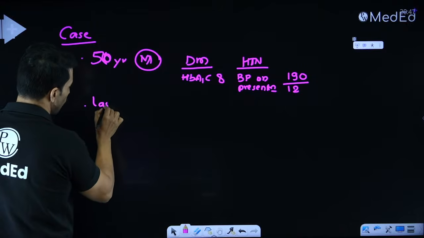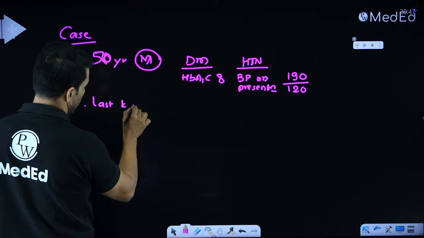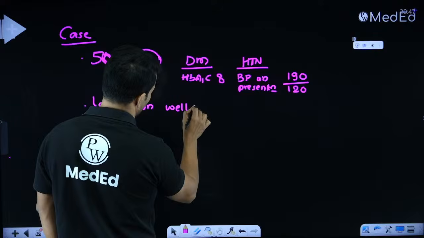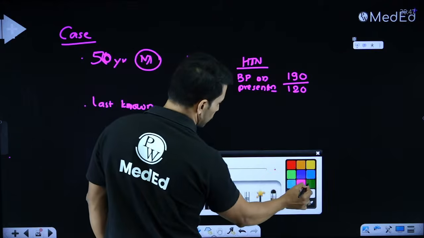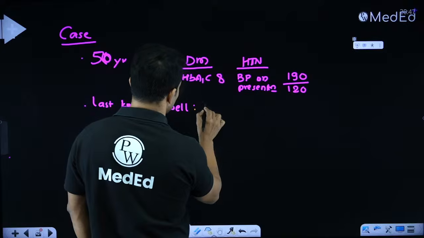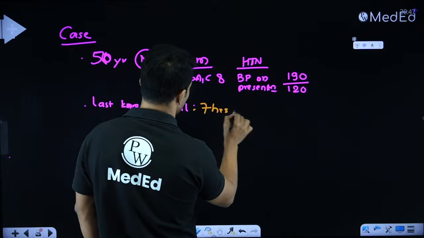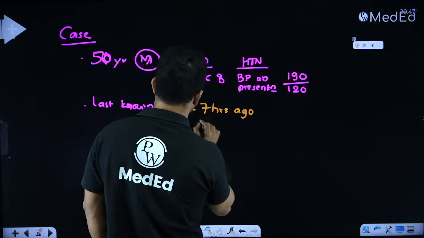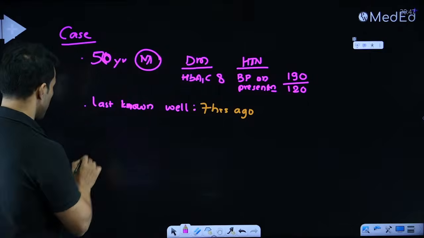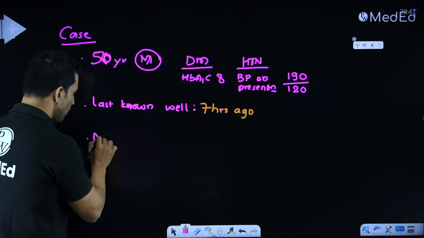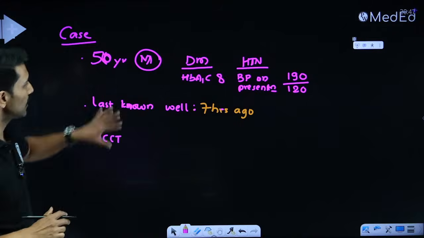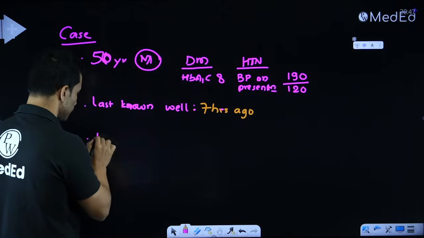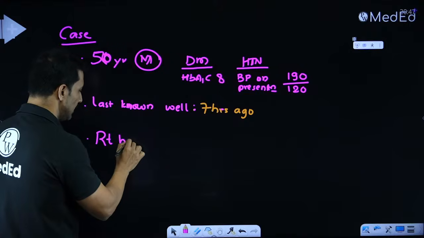His last known well was 7 hours ago. So we will presume the onset of stroke 7 hours ago. Then the non-contrast CT was done, because now he has presented, let me say his clinical features of presentation. So he has presented with right hemiplegia.